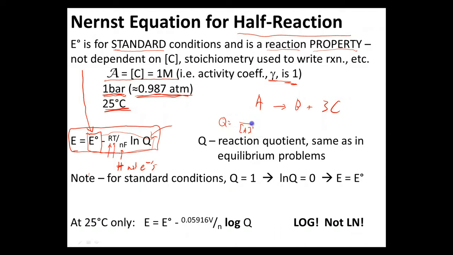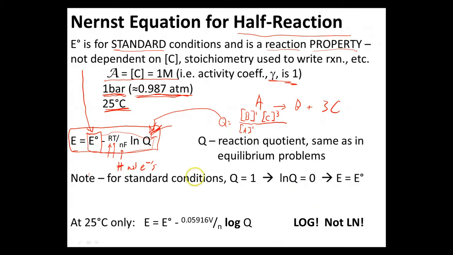We usually don't write the 1, obviously, but I want to emphasize it for a moment. I'll do B up here, and then we'll do C to the 3rd power. We've already done that back when we were handling equilibrium problems. We're doing the exact same thing here when we go into Q.